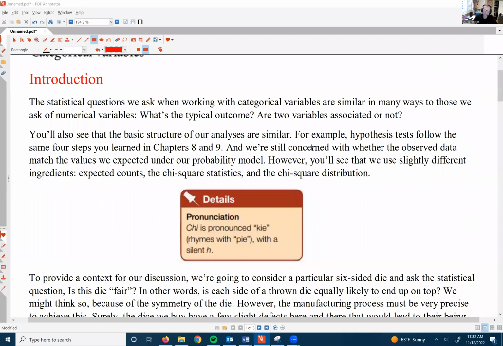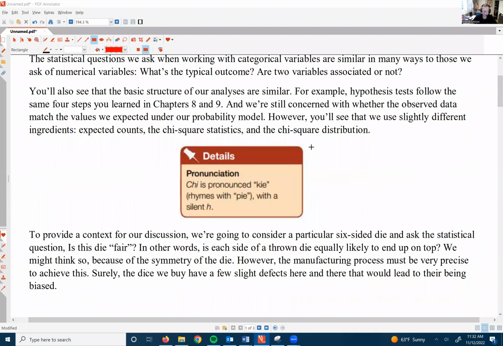To provide a context for our discussion of this new technique, we're going to consider a particular 6-sided die and ask the statistical question, is this die fair? In other words, is each side of a thrown die equally likely to end up on top? Remember, a die has sides 1, 2, 3, 4, 5, and 6, and we roll it to see which one it lands on.